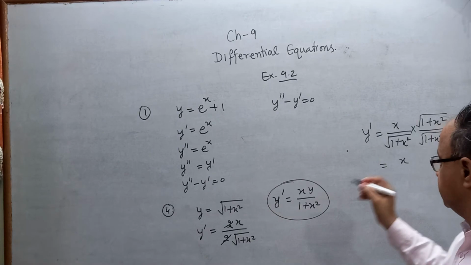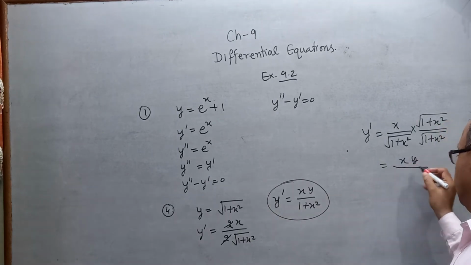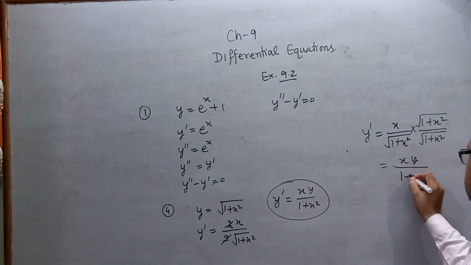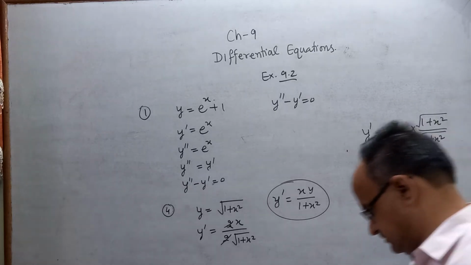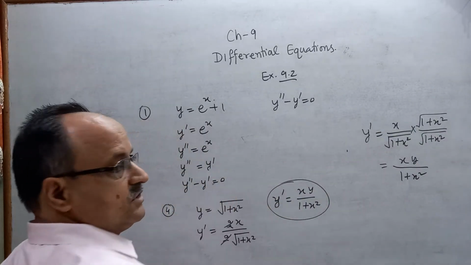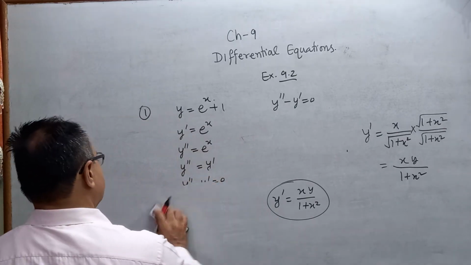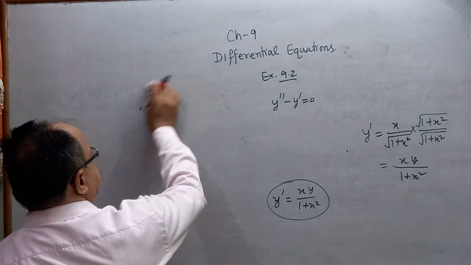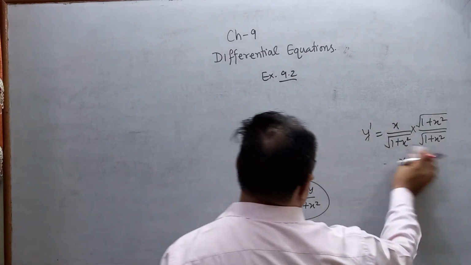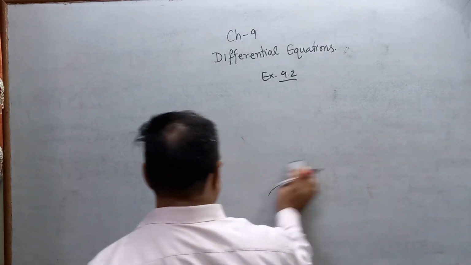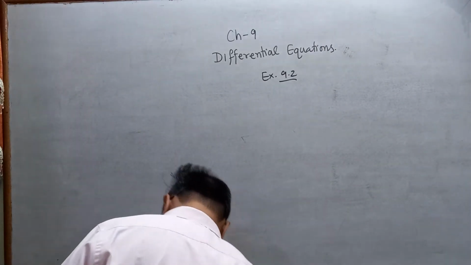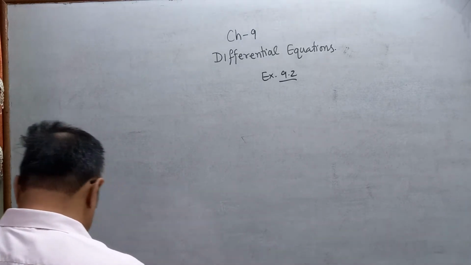Root 1 plus x square. That is y. And the same quantity is here, 1 plus x square. This is the solution of question number 4. It means you can say the function is the solution of the given differential equation.